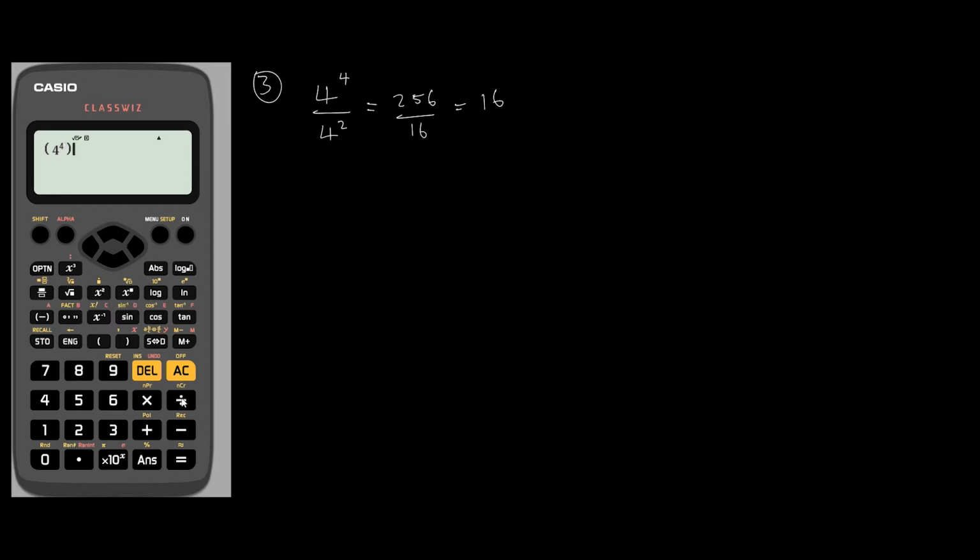I think this is a more sensible way to do it. And then hit divide, open up another bracket, and then we're going to have 4 to the power 2. Move right, go away from that power, you can see it drop, do it that way.